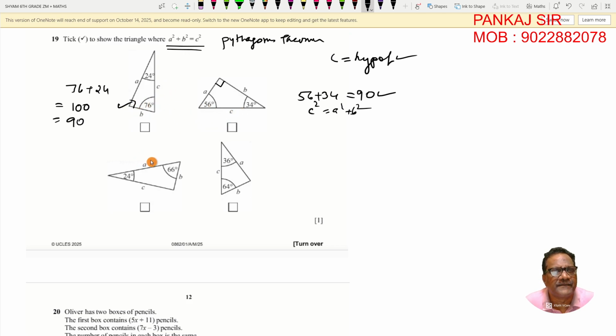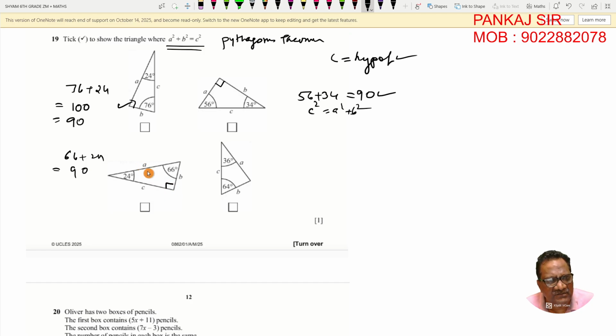They are working. This one, can you see 66 plus 24? Okay. So 66 plus 24 works out to 6 plus 4, 10, 0, 1 here, 6, 7, 8, 9. Here also this is 90. But here, can you see opposite to 90 is a.